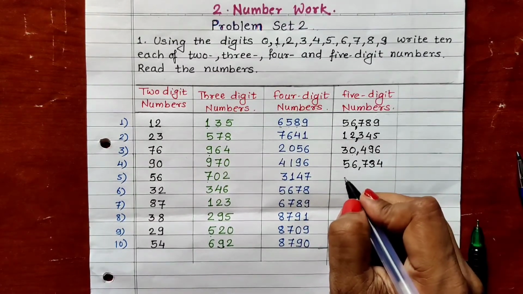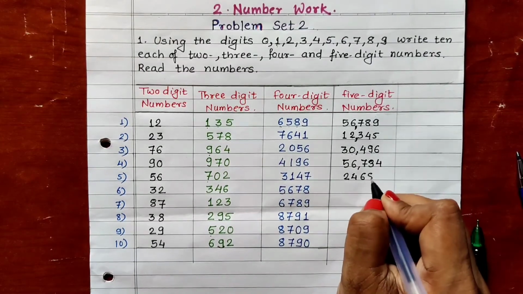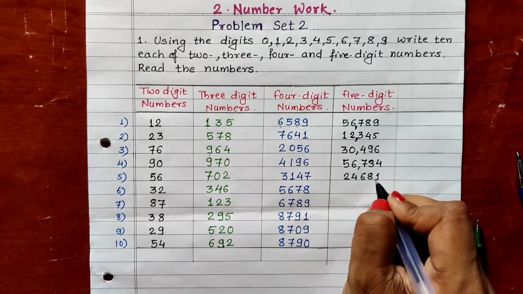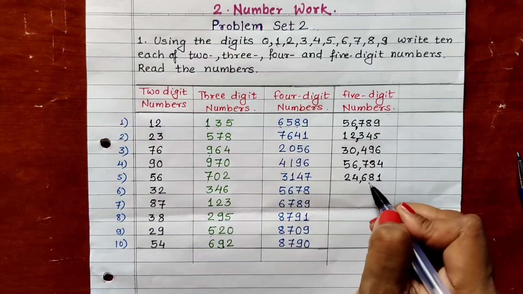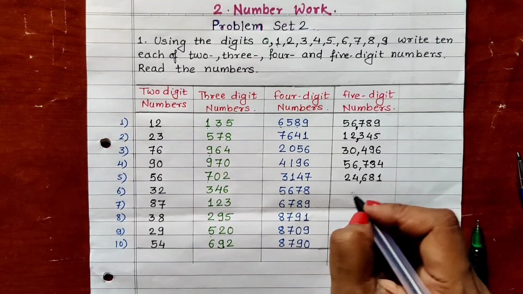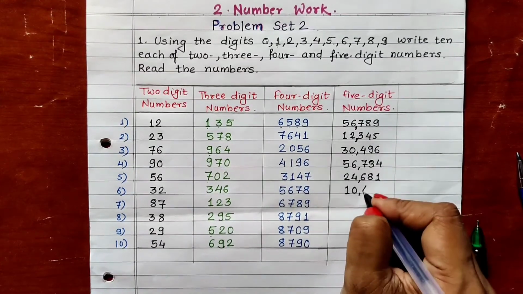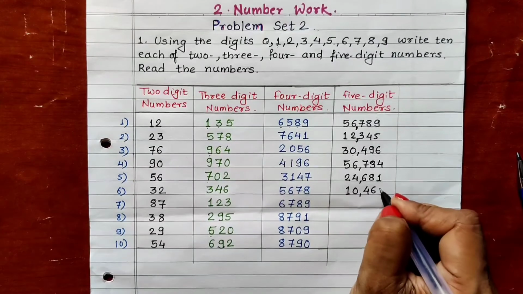If I write 2, 4, 6, 8 and 1, it will be 24,681.